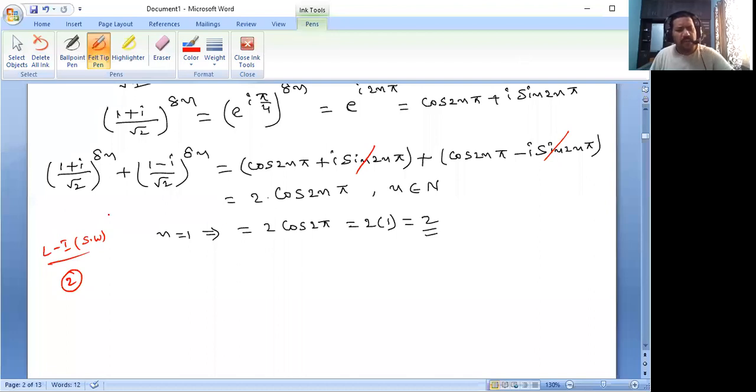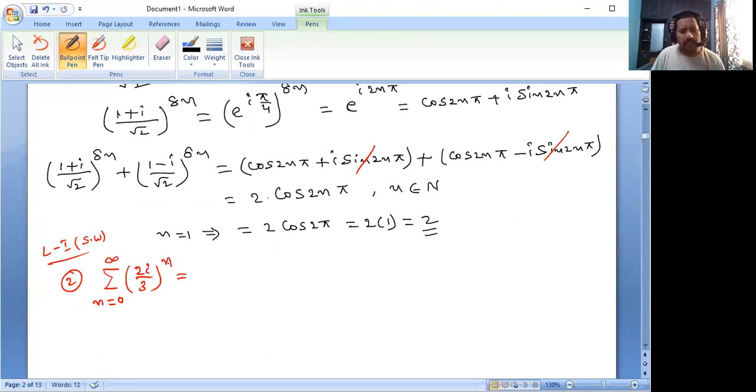Level 1, self-working problem number 2. This is the question: sigma n is equal to 0 to infinite (2i by 3) whole power n is equal to. Now, expand the sigma.